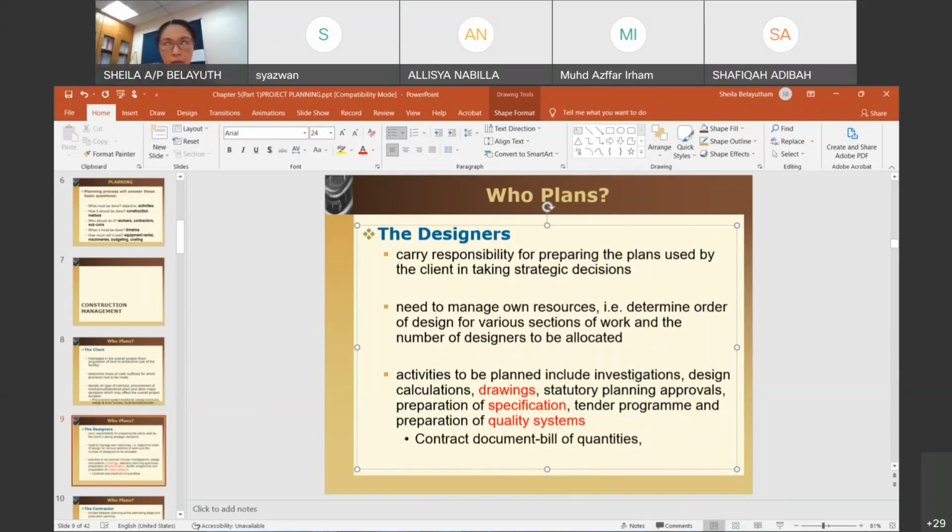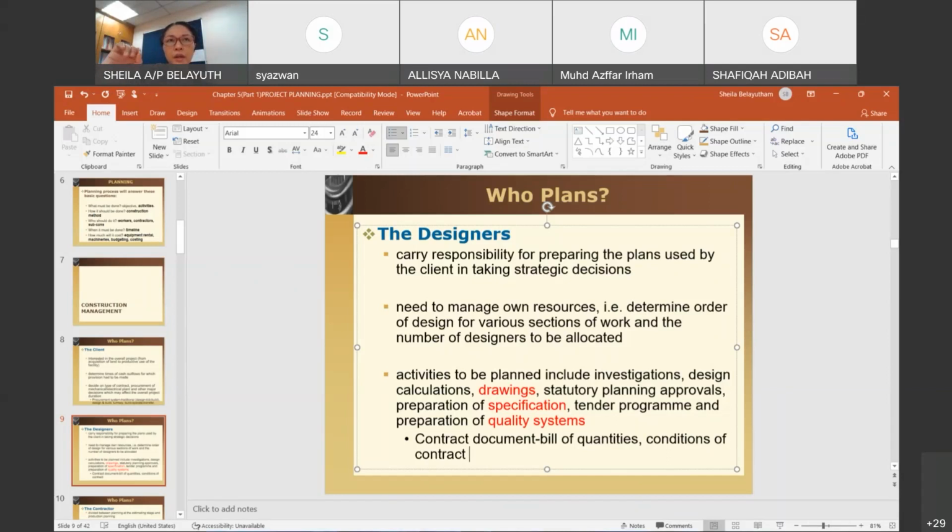So I think I need to highlight just the conditions of contract. Okay, so that's very important. Conditions of contract is pretty standardized. If you're talking about a government project, it would be JKR 203 or JKR 203A. Okay, so PAM and so on.